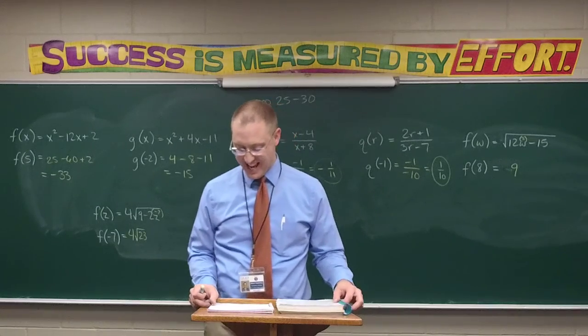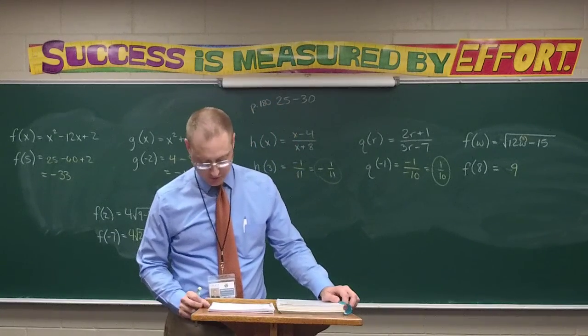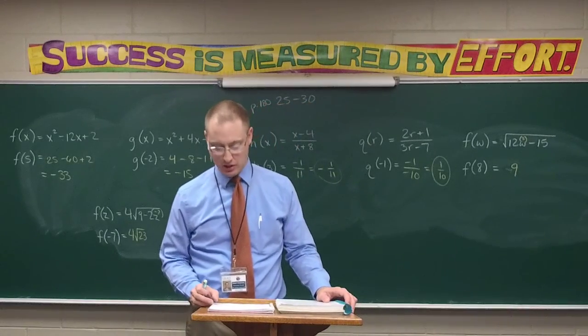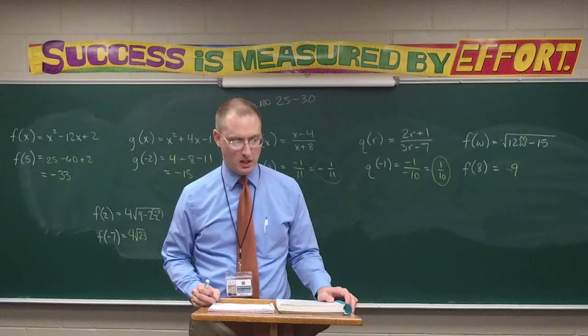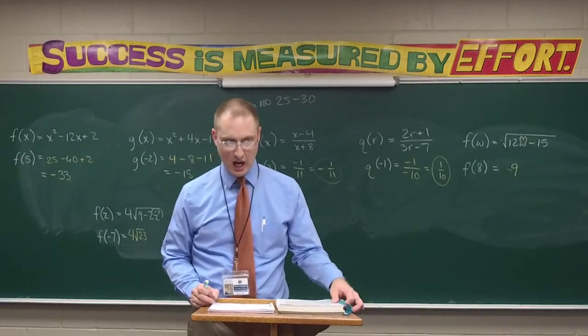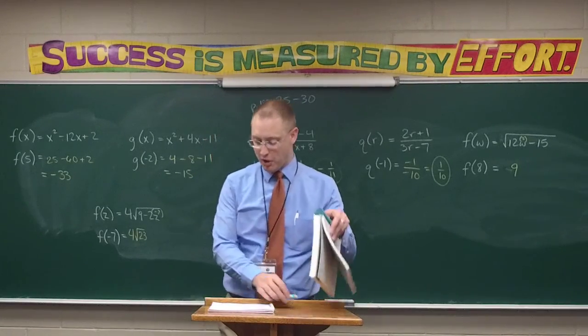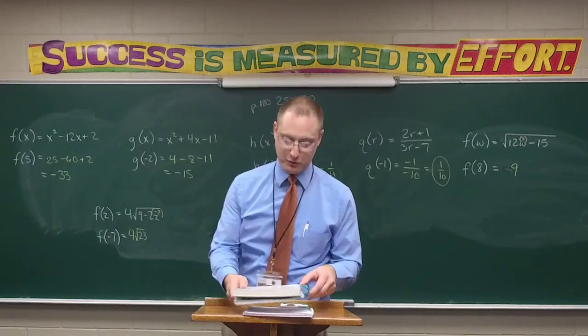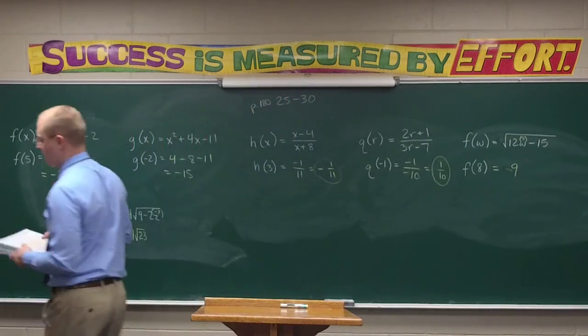And on pages 188 to 189, do 15 to 27, the odd. Again, that's page 187, 1, 3, and 5, and pages 188 to 189, 15 to 27, the odd, after you read pages 181 to 186.